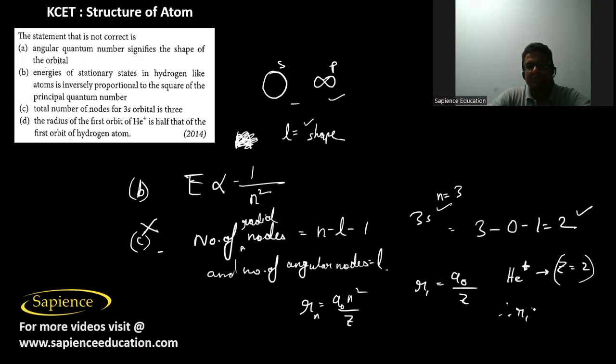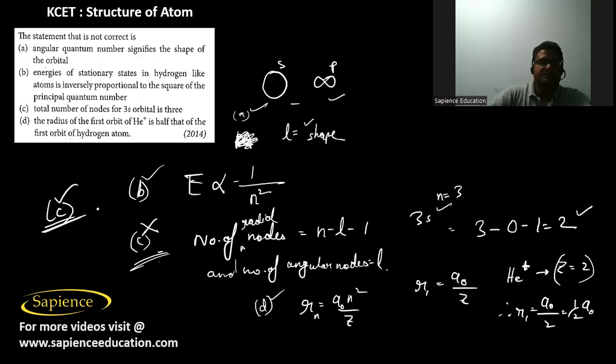So r1 will be a naught by 2, which is obviously half of the radius of the first orbit of hydrogen. So D is the correct statement. A, B and D are correct statements, but C is the wrong statement. Option C is the correct answer.